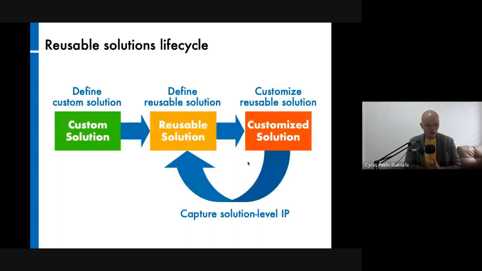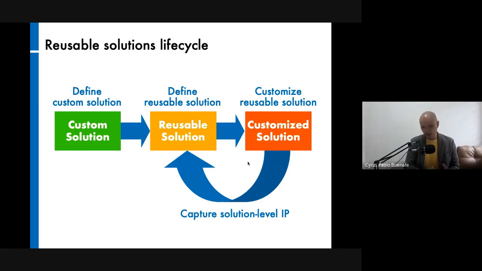Okay, so this is an example of a reusable solutions lifecycle. At first you're probably going to come up with a custom solution, and then later on, if you are starting to get more exposure, more experience in doing solution architecture, you realize that a solution can be defined as something that can be reused.